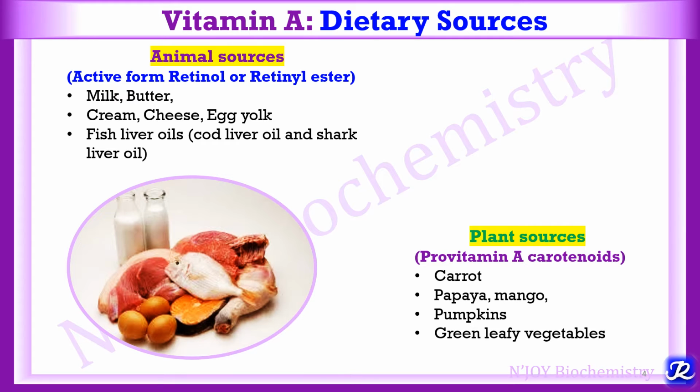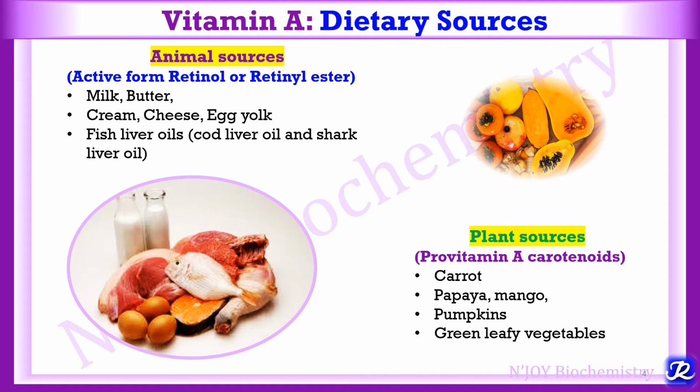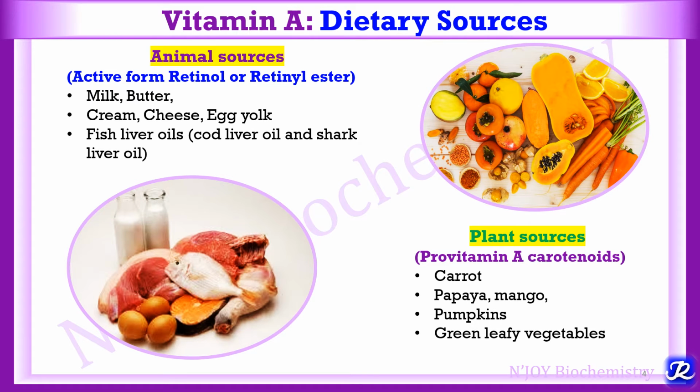There are various types of carotenoids, alpha, beta and gamma, but beta carotene is the most common and most abundant form of carotenoid present in the plant sources, and it is found in yellow and orange colored fruits and various vegetables like carrot, papaya, mango, pumpkins and various green leafy vegetables. So these are the dietary sources of vitamin A.